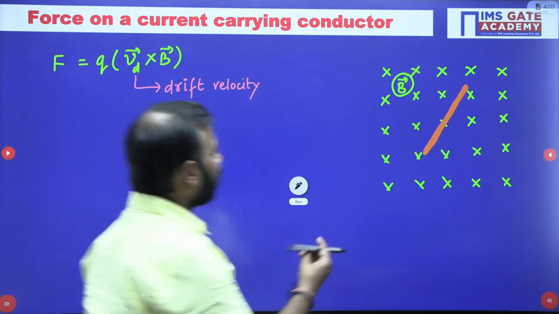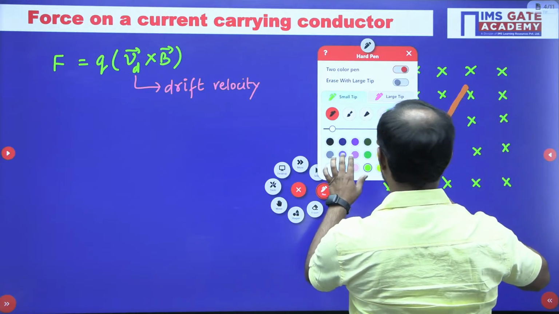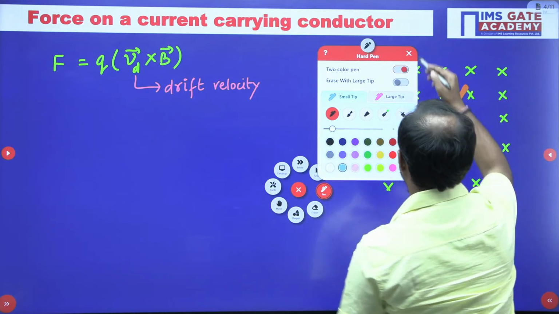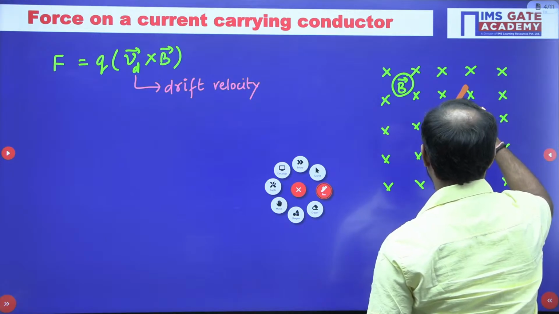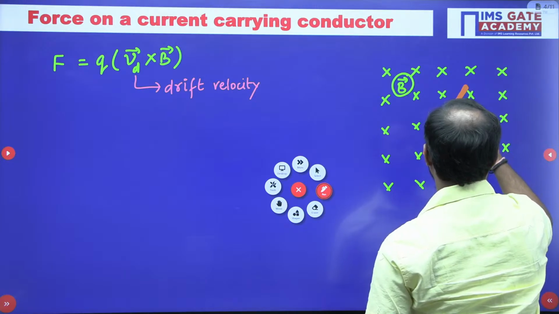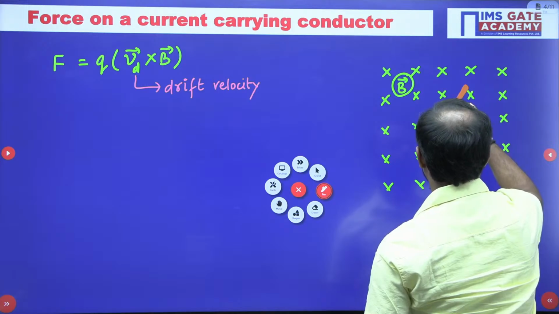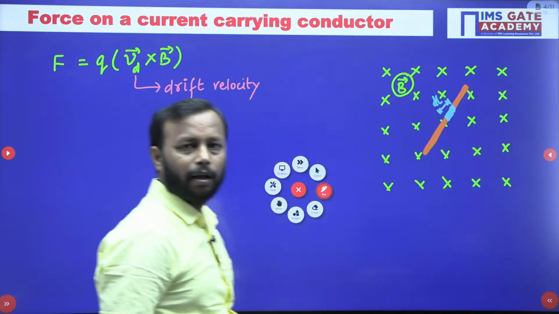Okay. Now let me take a small length. Instead of the complete conductor, let me take a small length, which is dL. This length is dL. Okay, ये clear है?